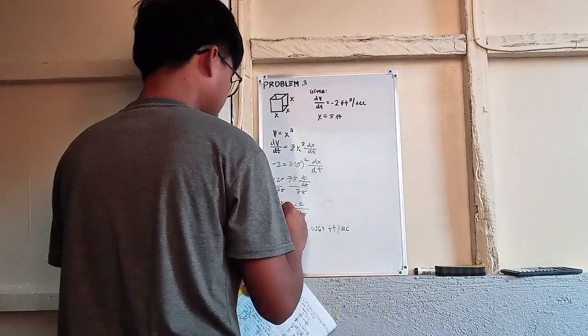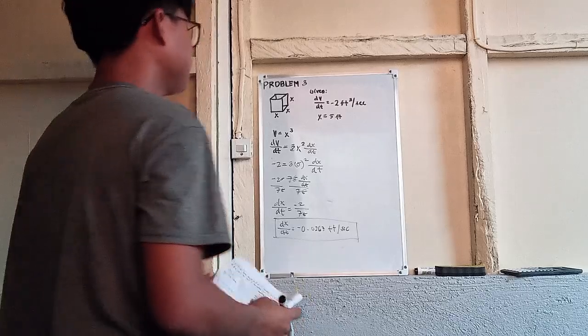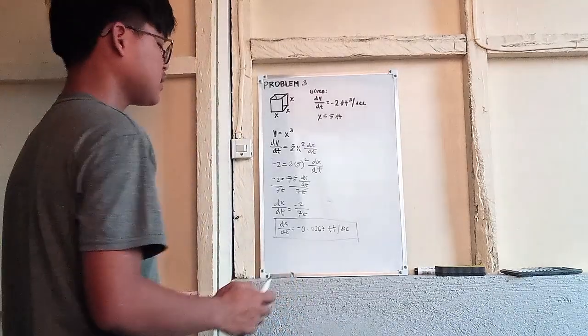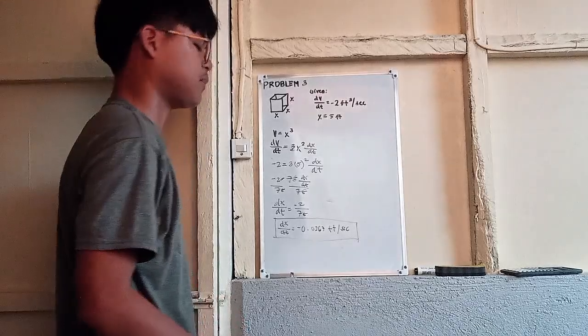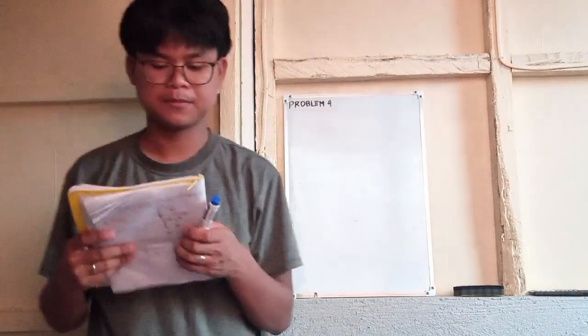So here is our final answer. The decreasing rate of the cube is dx over dt equals -0.0267 feet per second.